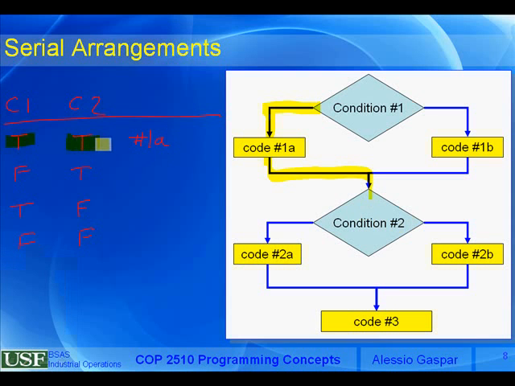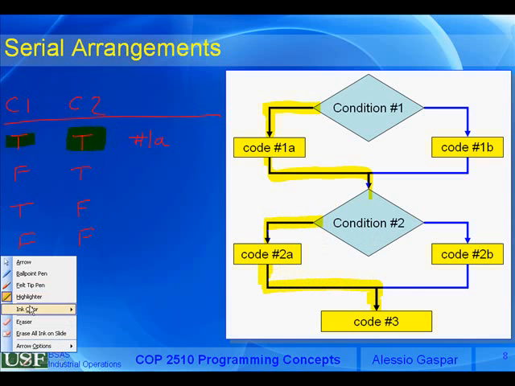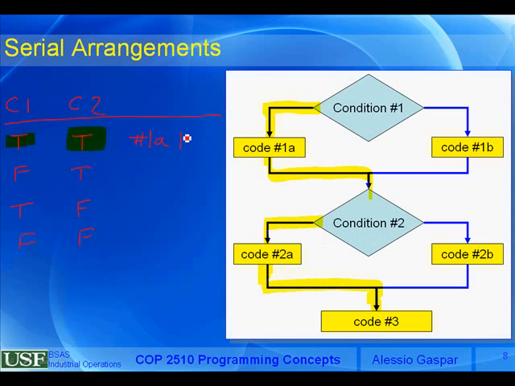Condition 2 is true as well in our first hypothesis, so we are going to execute this part of the code, that is code number 2a. So we go back here and we write that after code 1a we execute code 2a. And we have here the execution path followed in our code, given the assumption that condition 1 was true, and in this case, condition 2 was true.